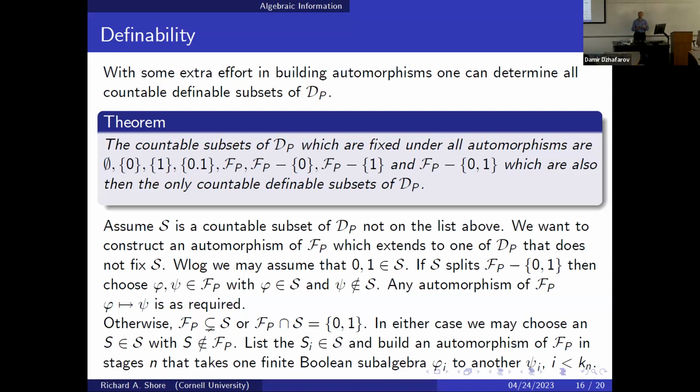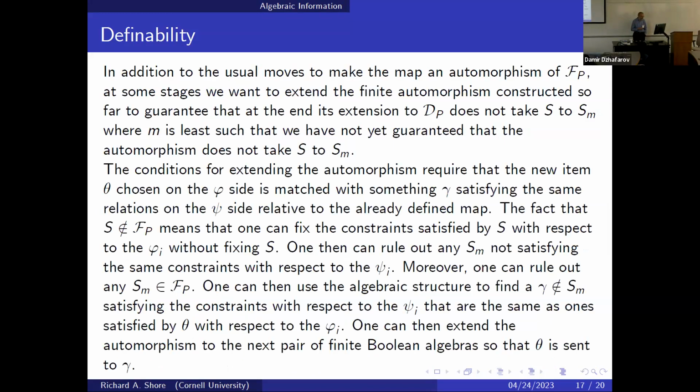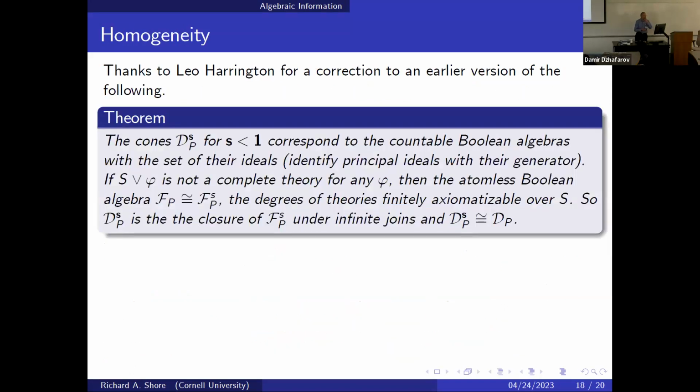So you figure out how to do that. And you argue that you can't always fail to do it. If you haven't eliminated it for various reasons, like something's too big, something's too small, then you can actually find something that isn't there. And that's based on the fact that you can throw away all the things that are finitely axiomatizable. And that's the outline of the proof. Okay, so that's an exact classification of the definable countable subsets.